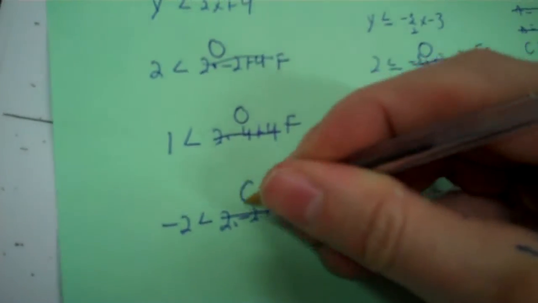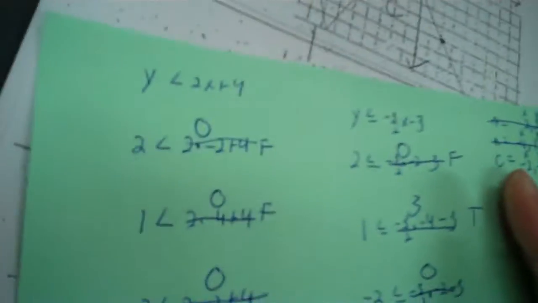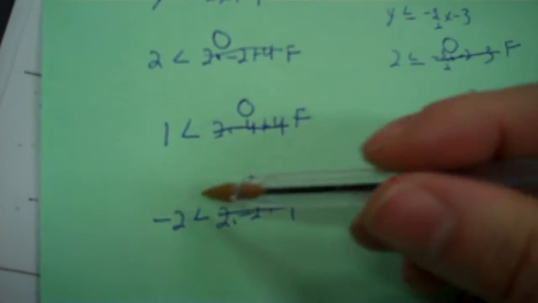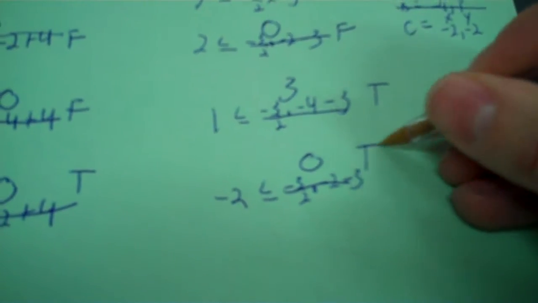Again, not doing that intentionally. Got 0. What's bigger number? 0 is bigger than -2, so it eats 0, that's true. And it eats 0, that's true. So C, region C is the one that has all the true points. Okay, we wouldn't even need to worry about D.